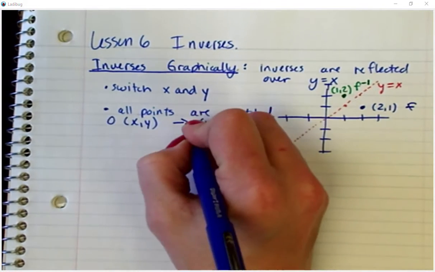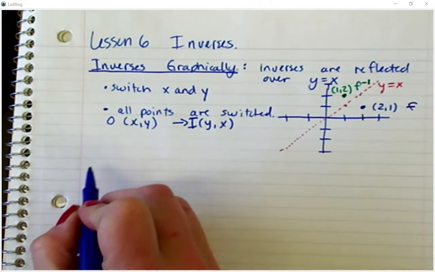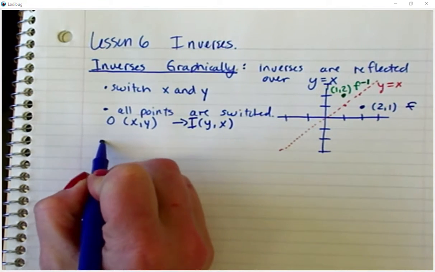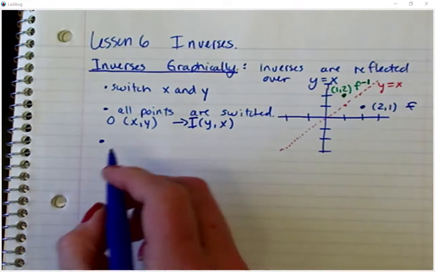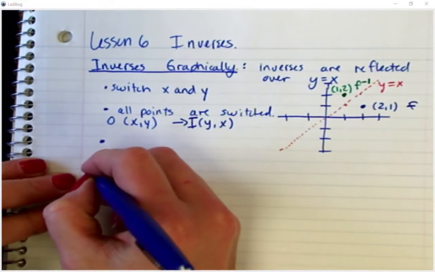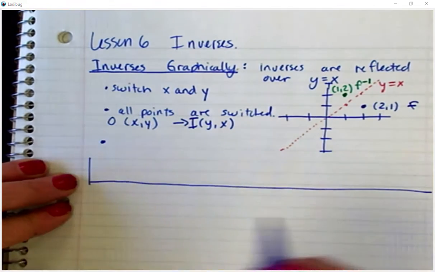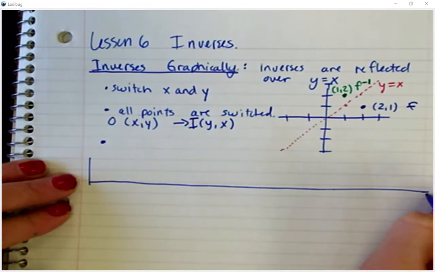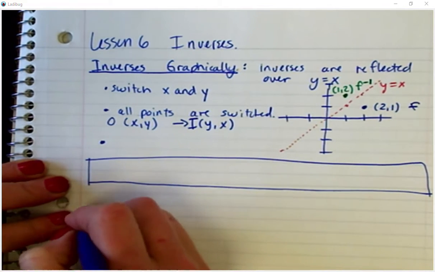This would be the inverse. Leave a bullet here. Okay, we're going to write a sentence. Then we're going to write a big sentence. It'll fit on one line. And we're going to do an example.